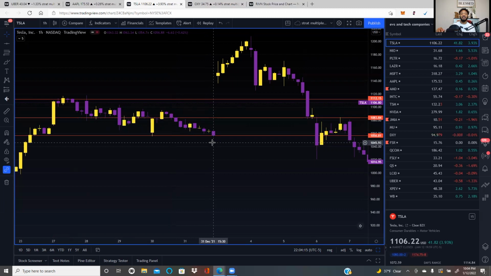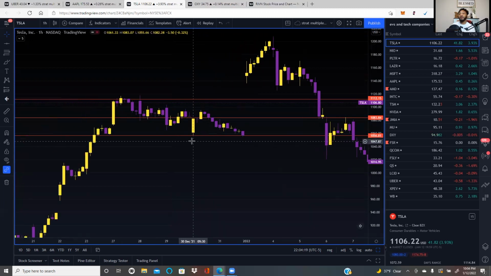Now, the con to this is sometimes you might miss a move, and I'm going to give you an example. Right here, you had these candles retest support, and then you had a candle here break, but the next candle didn't come down and retest. So as a breakout candle strategy, you enter the trade right here, and you're able to catch this move all the way to 1116.